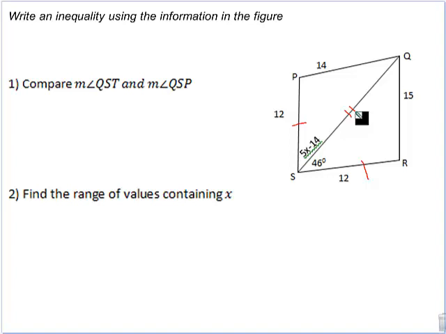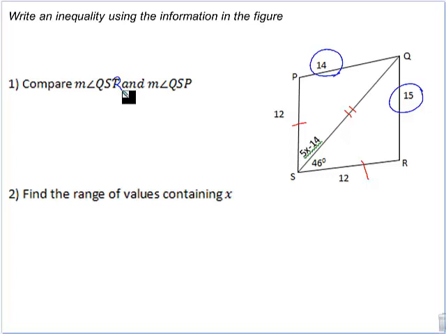Okay, so now let's look. What are the other two side lengths that we know? There's no magical T on there. We know 14 and we know 15, don't we? Yeah, you labeled that number one, compare angle QSR.